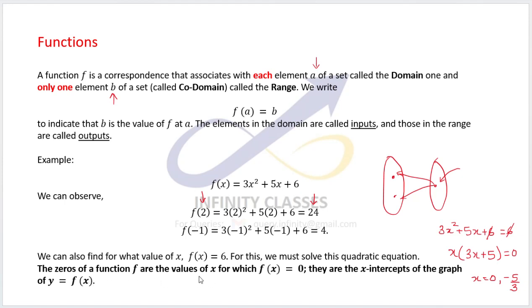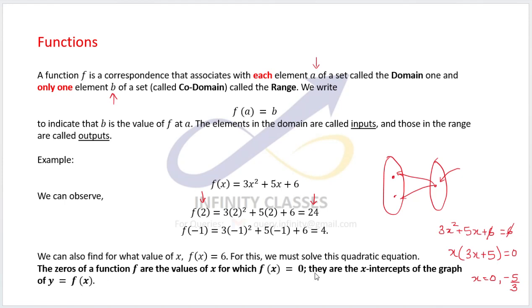Also, the zeros of the function are basically for what values of x, f(x) will come out to be equal to 0. Whatever values of x for which f(x) is equal to 0 will be called the zeros of the function, and graphically this represents wherever the y equal to f(x) function is getting cut by the x-axis, or the x-intercept of the graph of y equal to f(x).